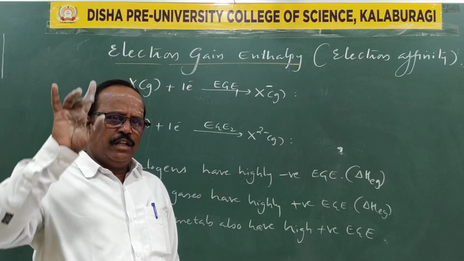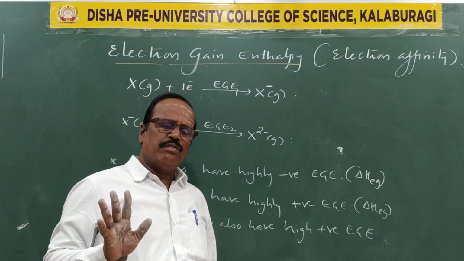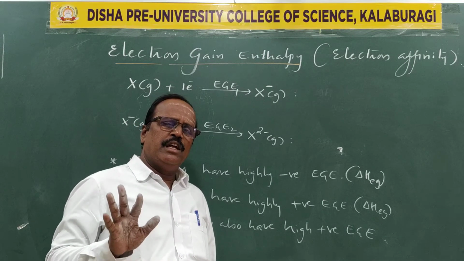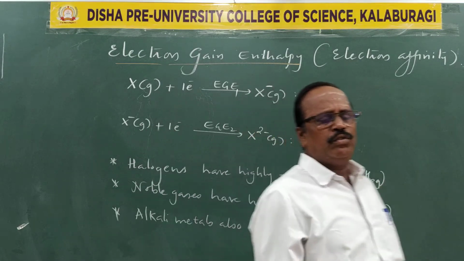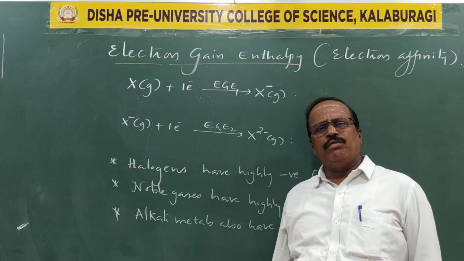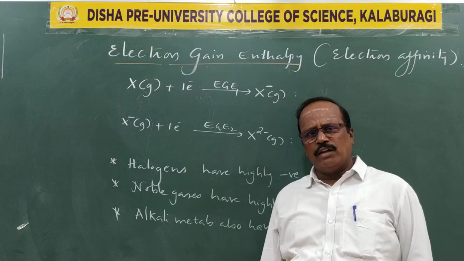Finally, down the group, metallic character increases, therefore electron affinity or electron gain enthalpy goes on decreasing. What happens? We have to give more energy to put electrons inside the valence shell.